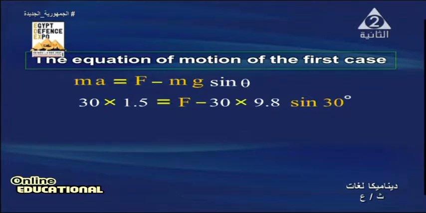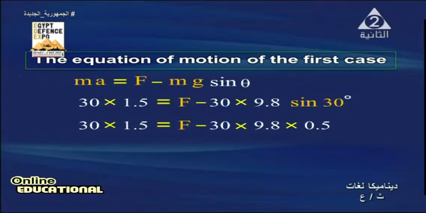It equals F, the magnitude of the force in Newton, minus 30 times 9.8 sine 30 degrees. 30 times 1.5 equals F minus 30 times 9.8 times 0.5. Then the magnitude of the force equals 192 Newton in the first case.